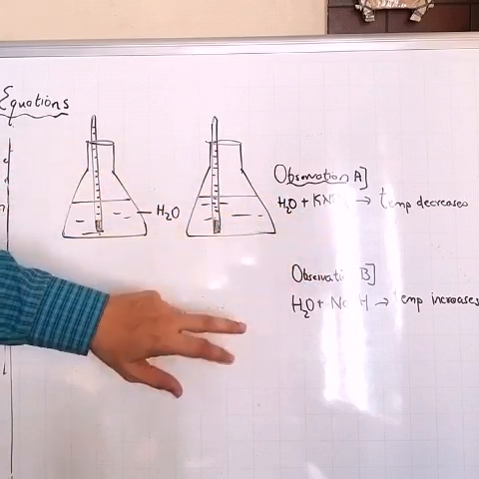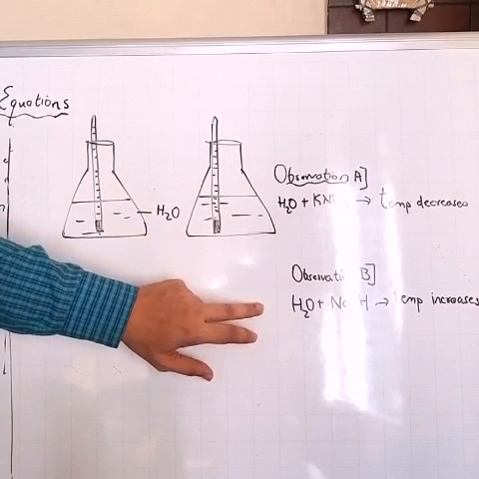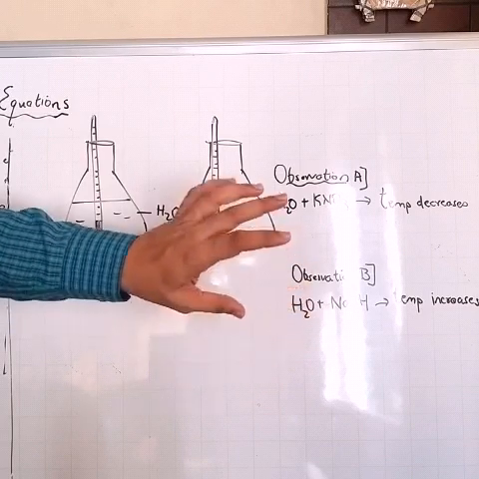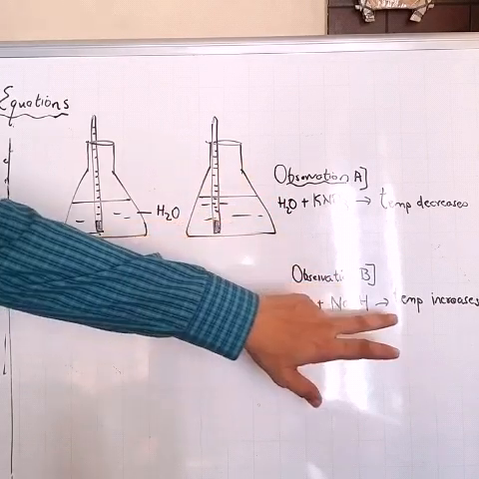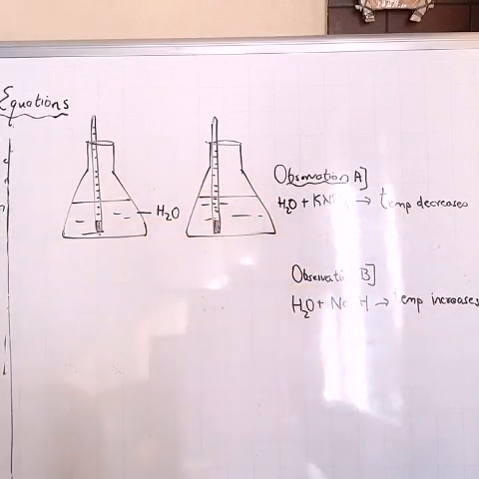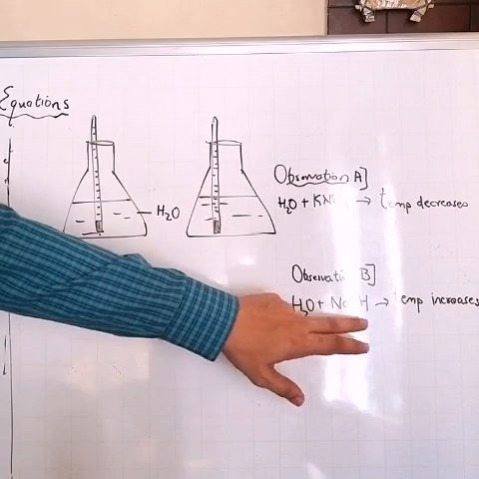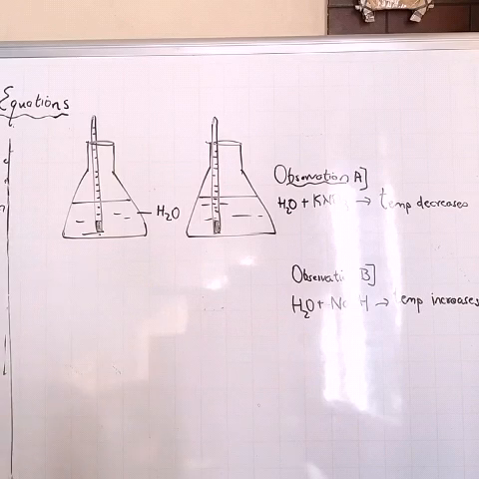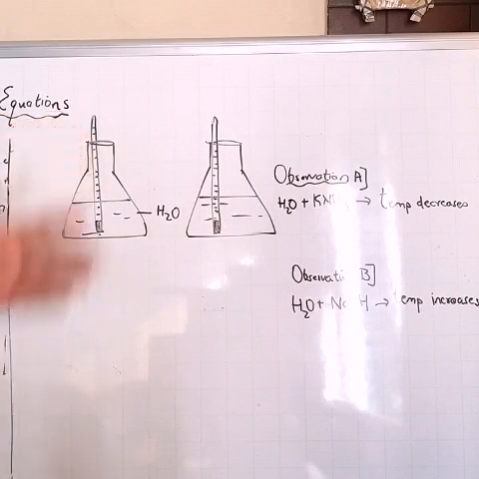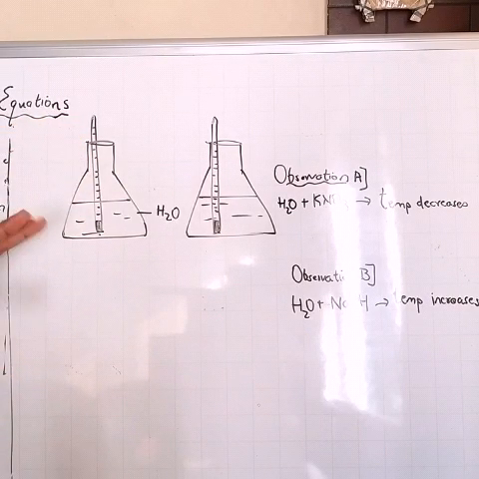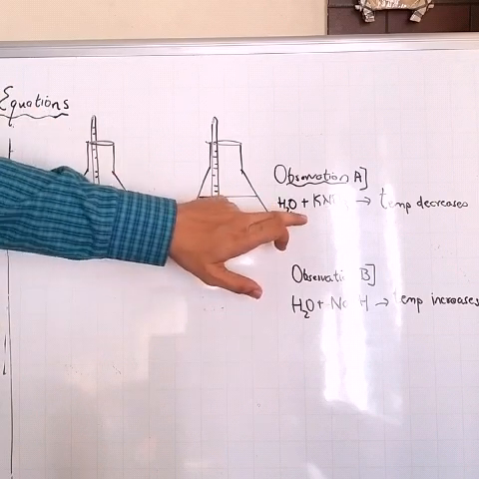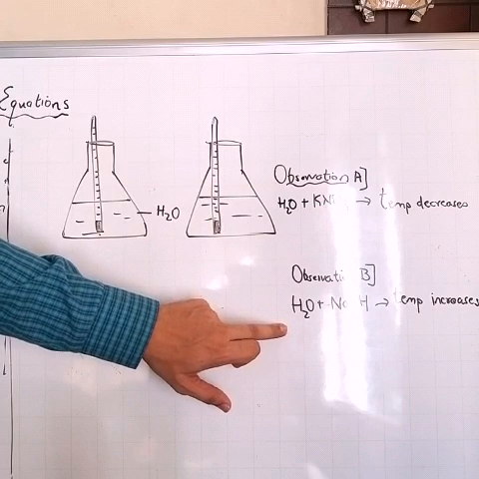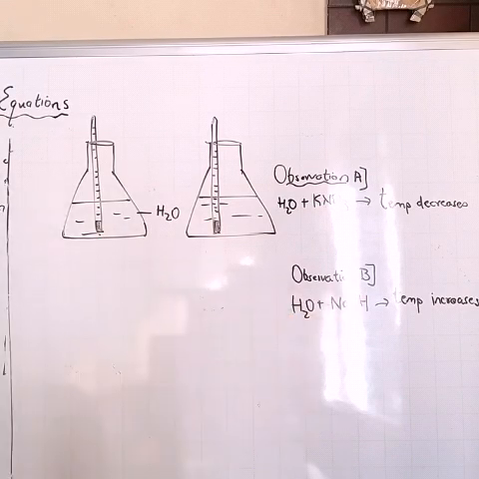But in the second case, we are adding sodium hydroxide to water, and when you check, the temperature has increased. That indicates it's an exothermic process. So these two activities you have to understand: one is endothermic, water plus potassium nitrate, and one is exothermic, water and sodium hydroxide.